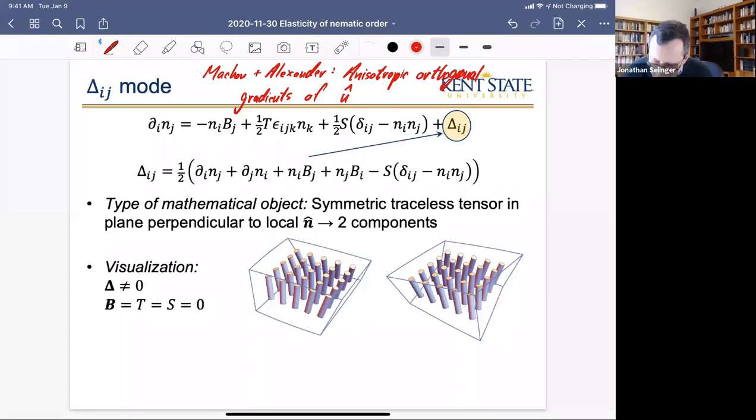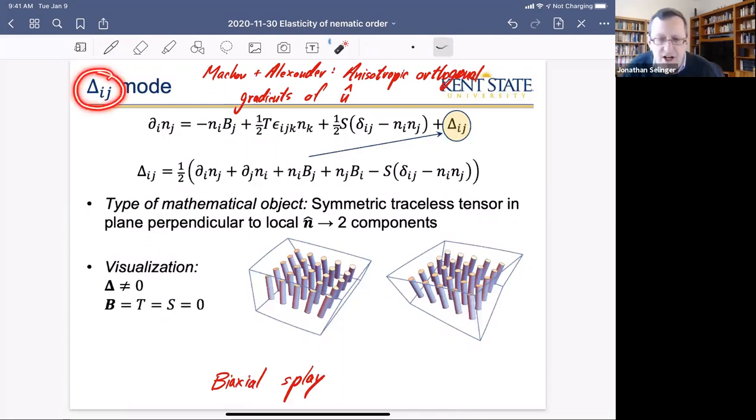So I made up another word for it. I called it biaxial splay. But mostly I just call it by the symbol that Michon and Alexander used, which is this delta ij tensor. So what is this mode?